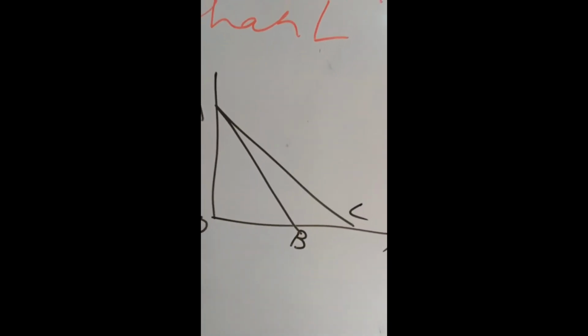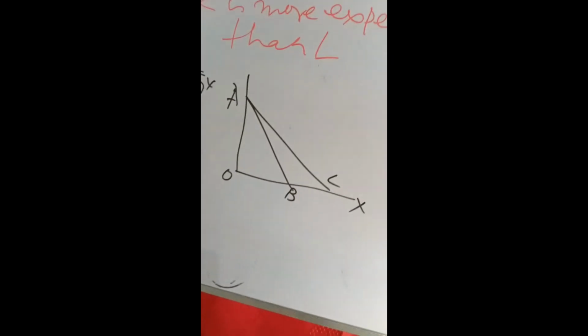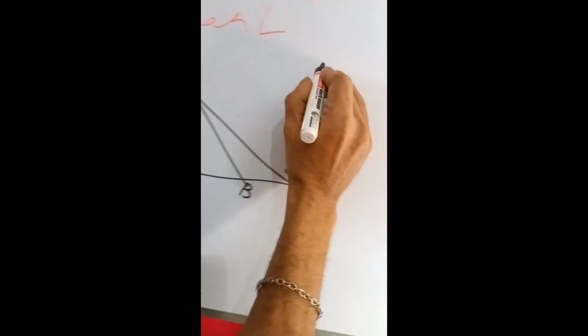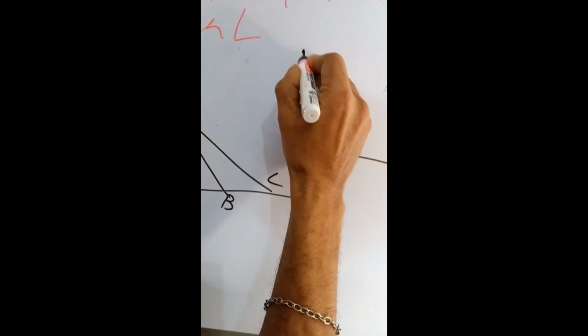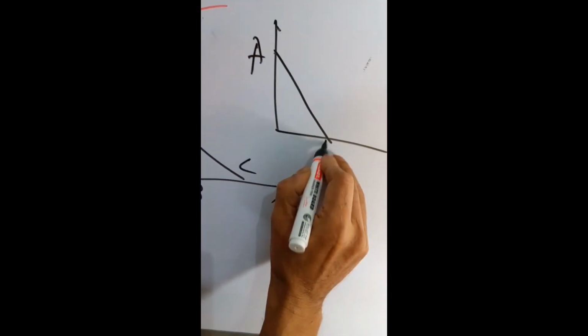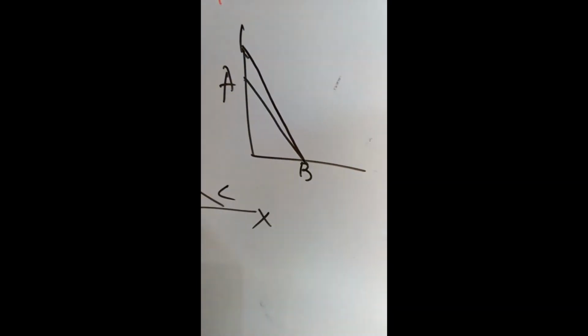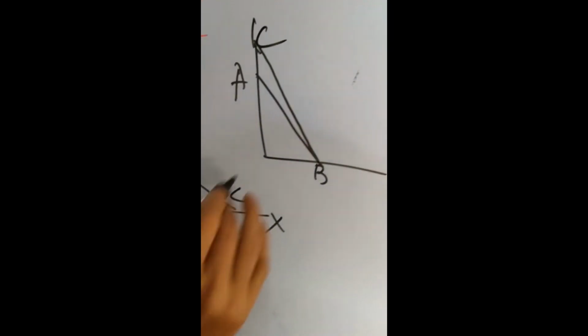Now suppose prices of both the commodities fall. If price of Y falls, then this is the original budget line AB, and the new budget line will be this, say CB, if price of Y falls.